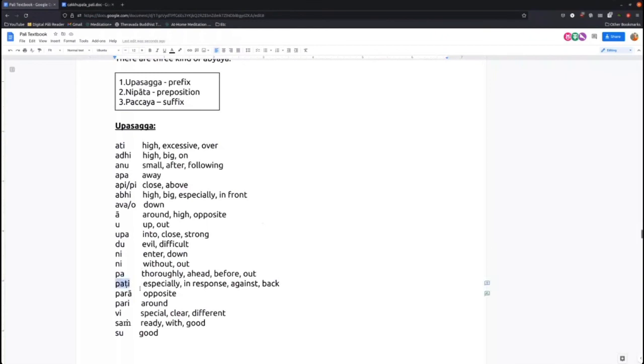Pati has various meanings. Pari, all around, so parinibbana. So you have nibbana, then you have parinibbana, which is like a complete, comprehensive nibbana kind of thing. You have passana, and then you have vipassana, or vipassati. Special, clear vision would probably be the best.